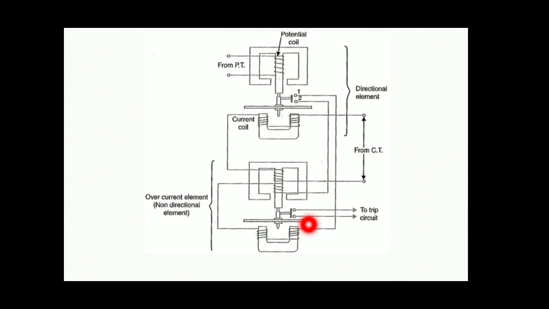Generators and motors are large equipment in distribution, transmission and generation systems. The cost of generators and motors is very high. In that case we use the directional overcurrent relay, and it will be in the safe zone.